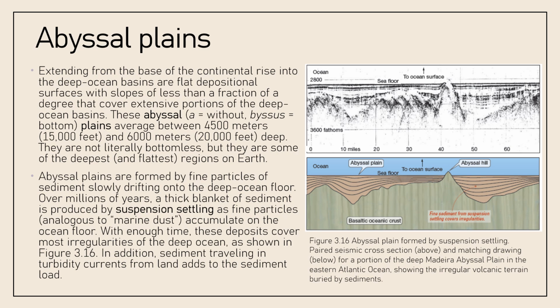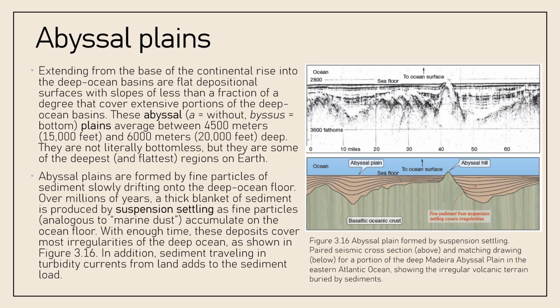Talking about the definition, the abyssal plains, like I said, extend from the base of the continental rise to the deep ocean basins and are flat depositional surfaces with slopes of less than a fraction of a degree that cover extensive portions of the deep ocean basin. The word comes from abyssal: a means without, and basis means bottom.